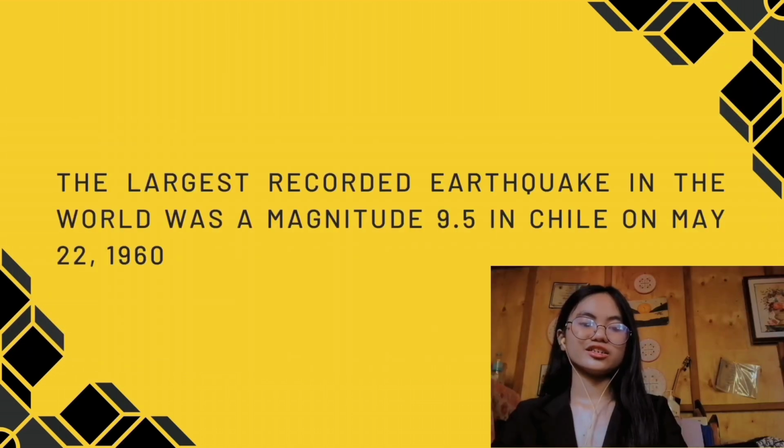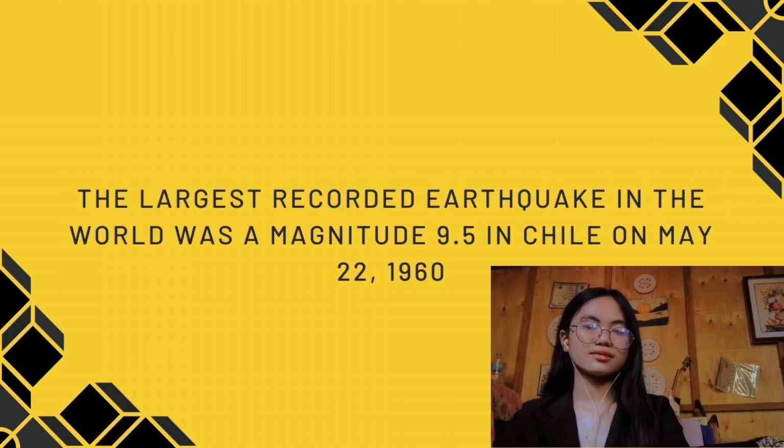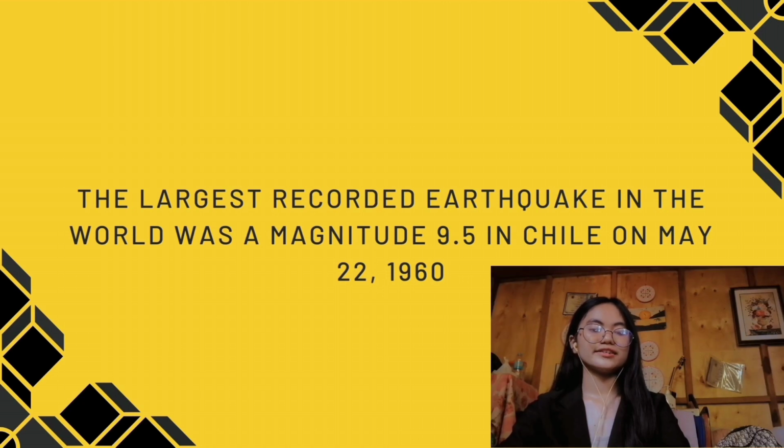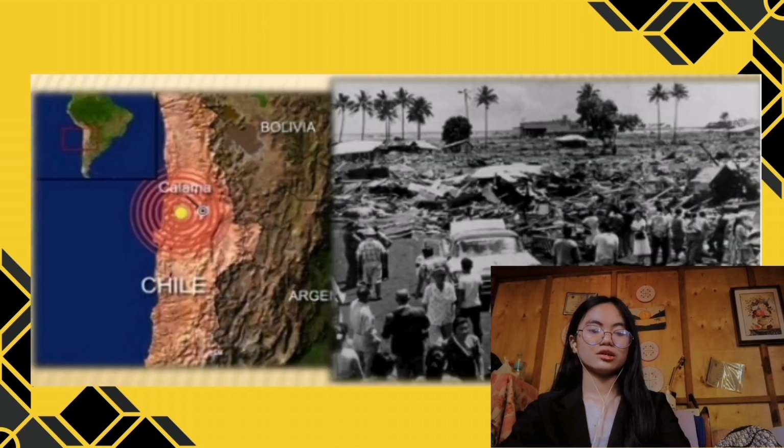The other largest recorded earthquake in the world had a magnitude of 9.5 in Chile on May 22, 1960. The world's largest earthquake with an instrumentally documented magnitude occurred near Valdivia in southern Chile. It was assigned a magnitude of 9.5 by the United States Geological Survey.